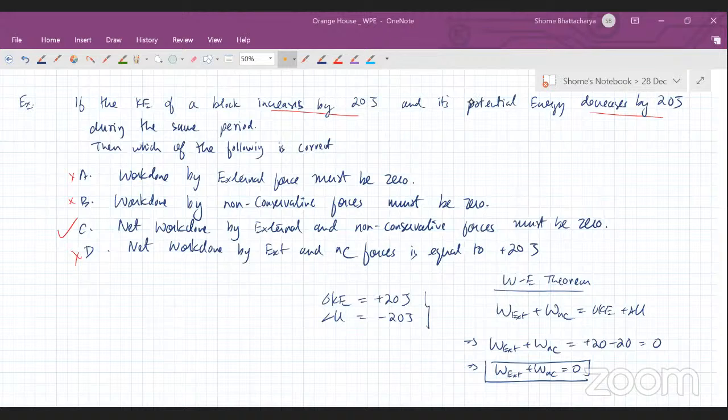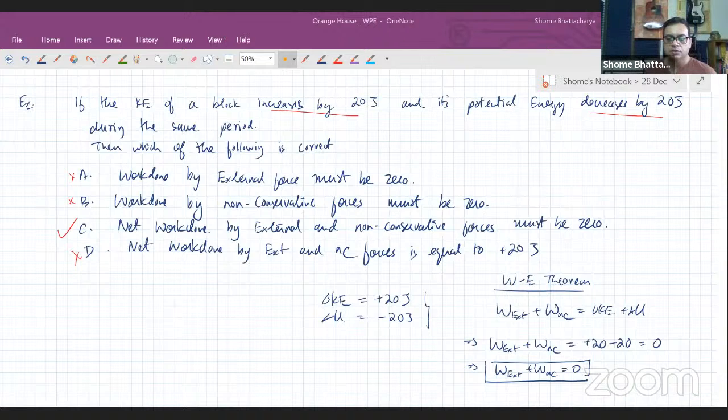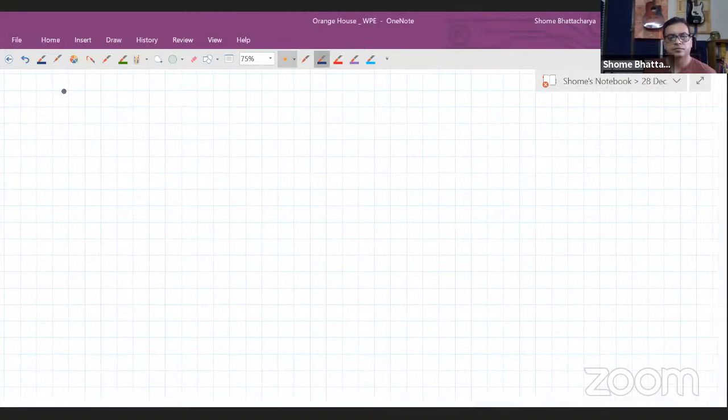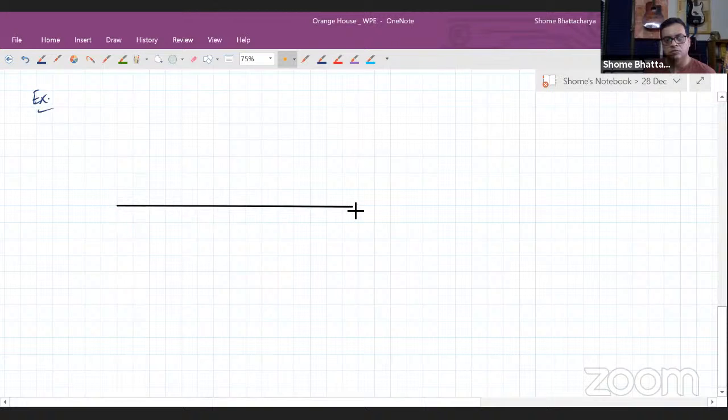Okay, so let us look at the application of this kind of concept in a numerical problem. Now, suppose we have a situation like this. We have a path which is like this.